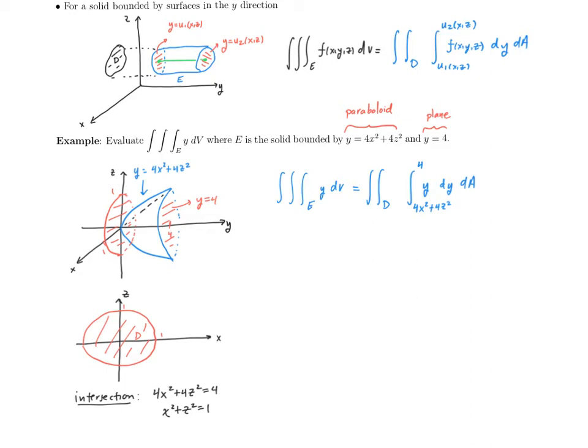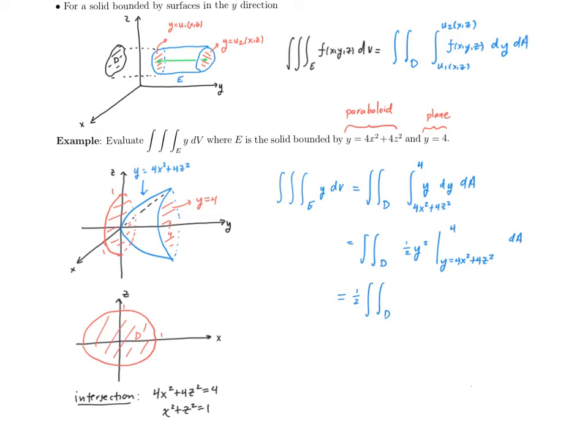So if we anti-differentiate on the inside with respect to y, we have 1/2 y squared, and we're evaluating from 4x squared plus 4z squared up to 4. And I'm going to go ahead and pull the constant 1/2 out of the double integral, which we can always do.